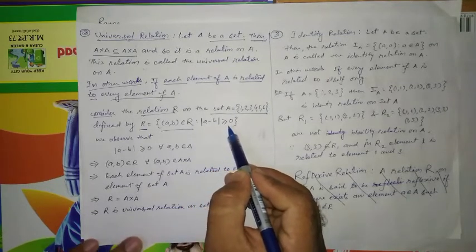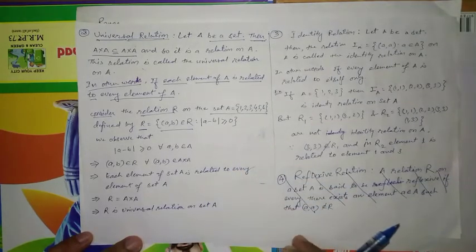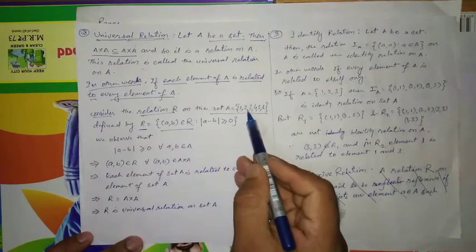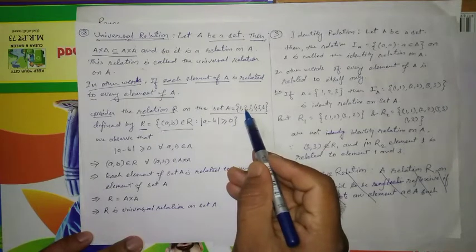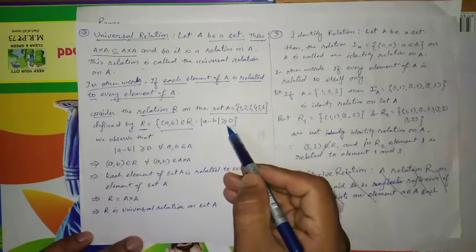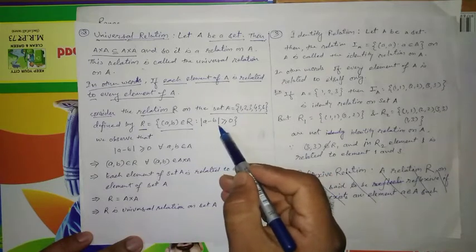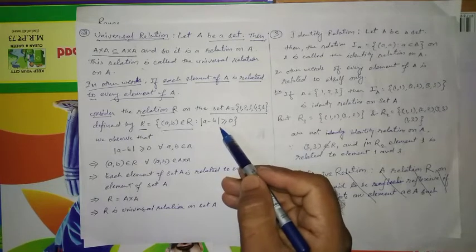Definitely that is very true. The least it can be is 0: 1 minus 1 is 0. 2 minus 1 is 1, and 1 minus 2 is minus 1, but we are considering the modulus, therefore we get plus 1. Definitely that will be greater than or equal to 0.